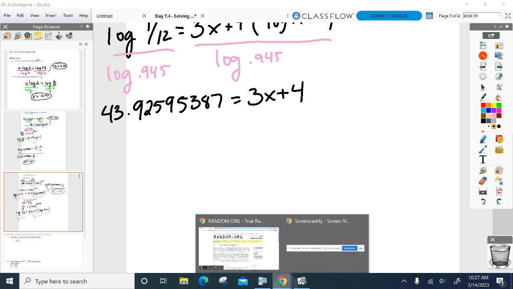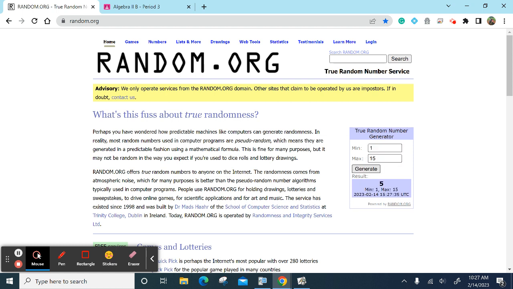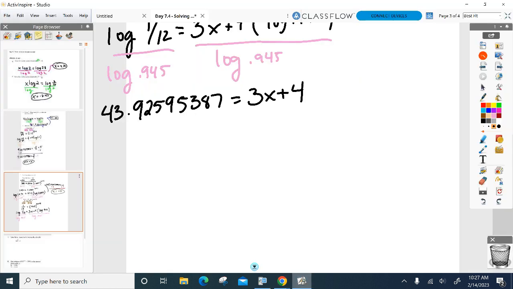All right, just making sure we're good. Next move after you divide by the logs? You subtract 4. Good.